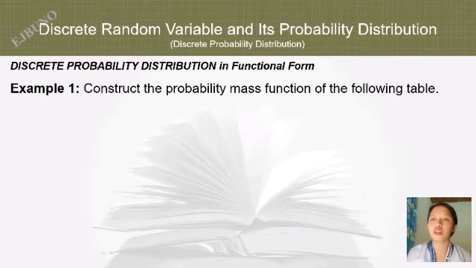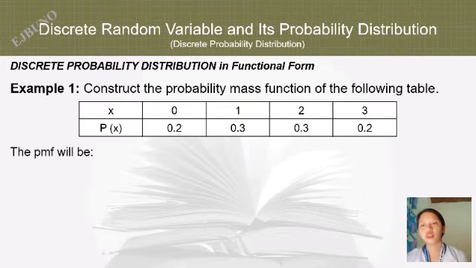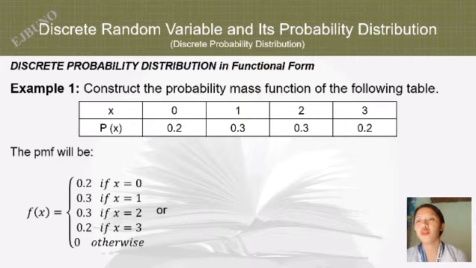Discrete probability distribution in functional form. X is equals to 0, 1, 2, 3. P of X is 0.2, 0.3, 0.3, 0.2. In f of X is equals to 0.2 if X is 0, 0.3 if X is equal to 1, 0.3 if X is equals to 2, 0.2 if X is equals to 3, 0 otherwise.